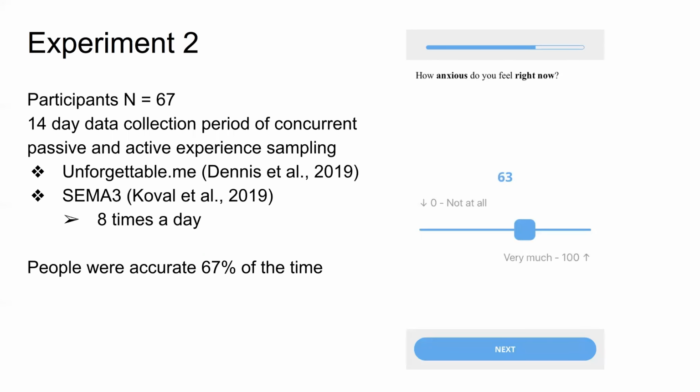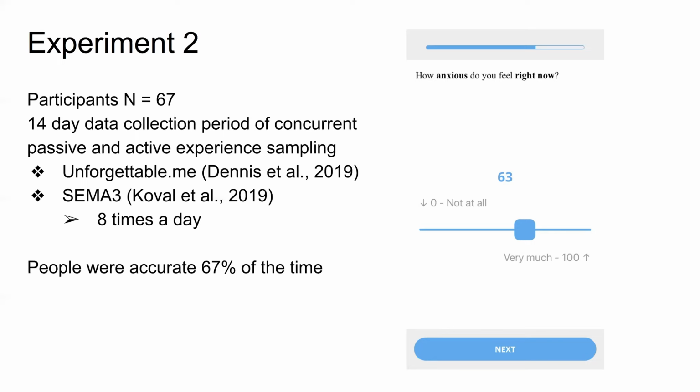So in the second experiment, what we did is we wanted to investigate how people's emotions affect the choices that they make. So we had people collect for a 14-day period this time, and we got them to do the same as last time, where they carried the Unforgettable app and collected the passive data.